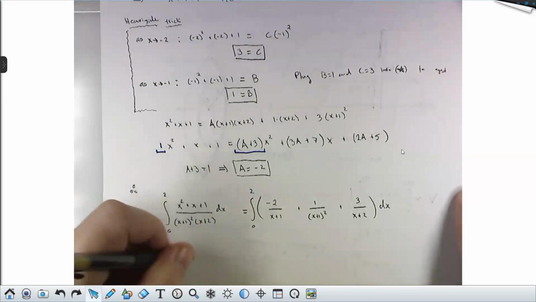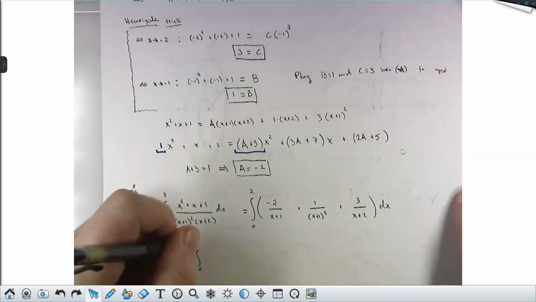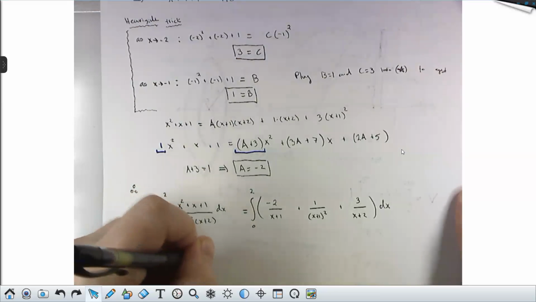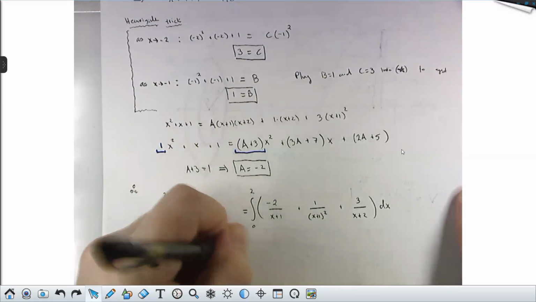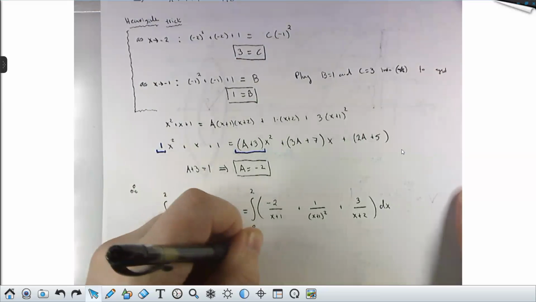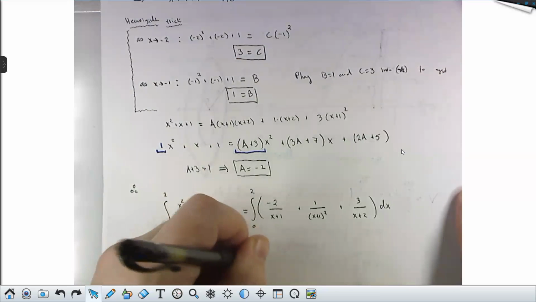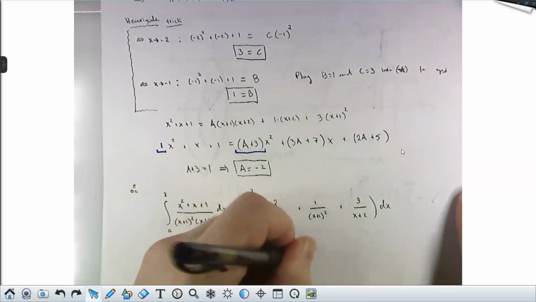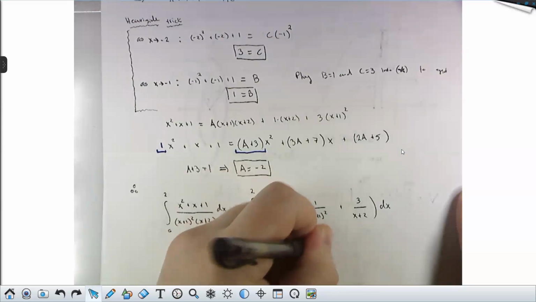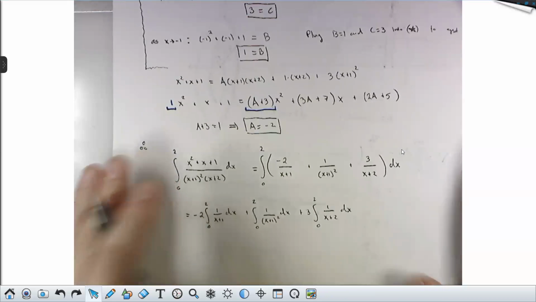So that's negative 2 integral 0 to 2, 1 over x plus 1 dx, plus integral 0 to 2, 1 over x plus 1 squared dx, plus 3 integral 0 to 2, 1 over x plus 2 dx. Each of these get handled a little differently.